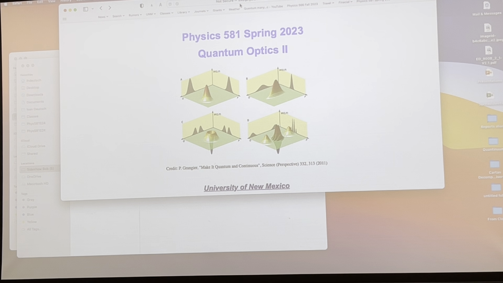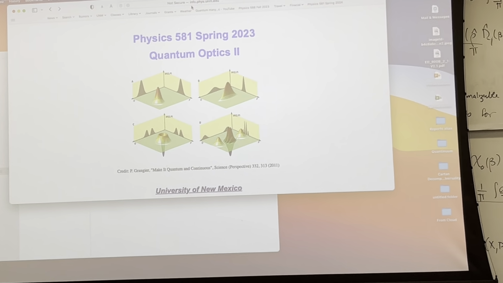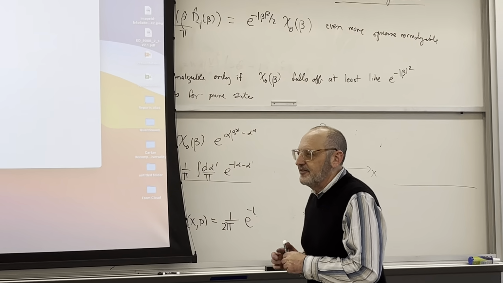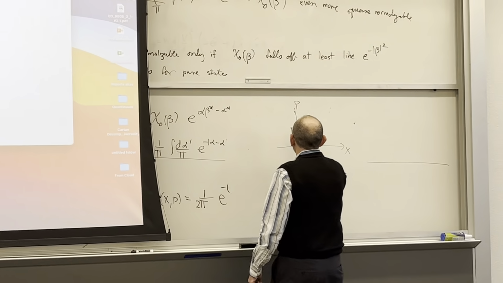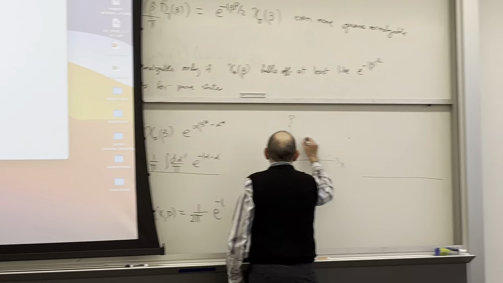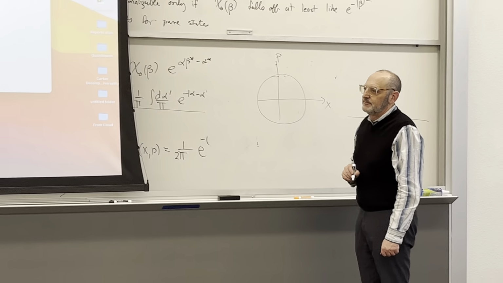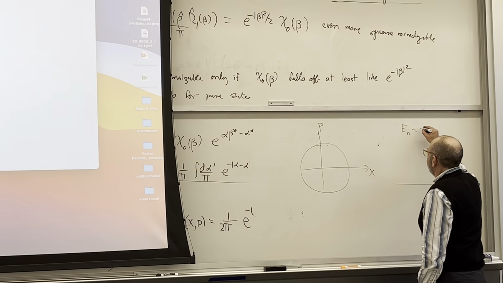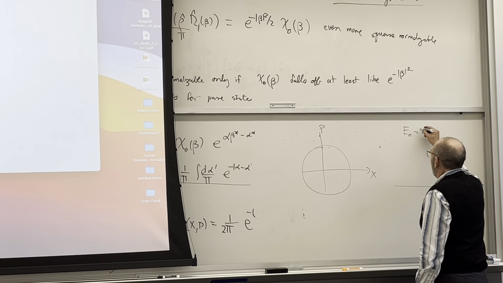Here is phase space. Classically, if I have a harmonic oscillator that has a definite energy, we know that the trajectory is a circle in phase space. The energy eigenstates are the eigenstates of the harmonic oscillator.